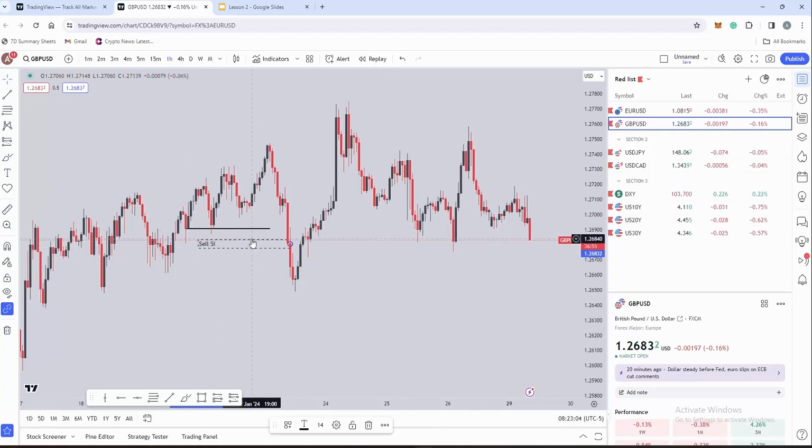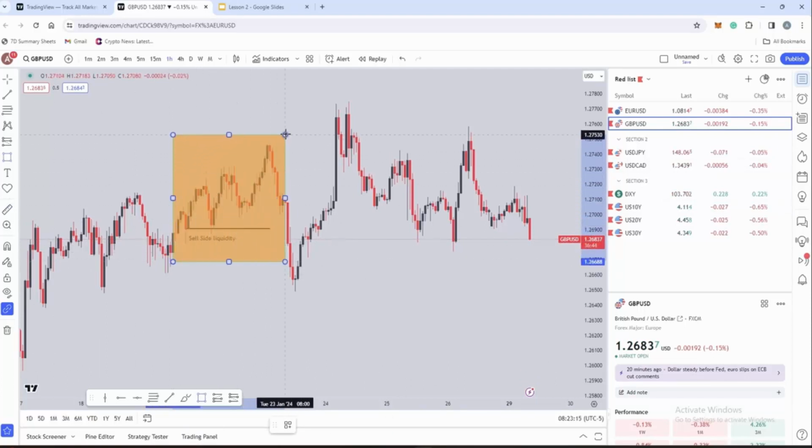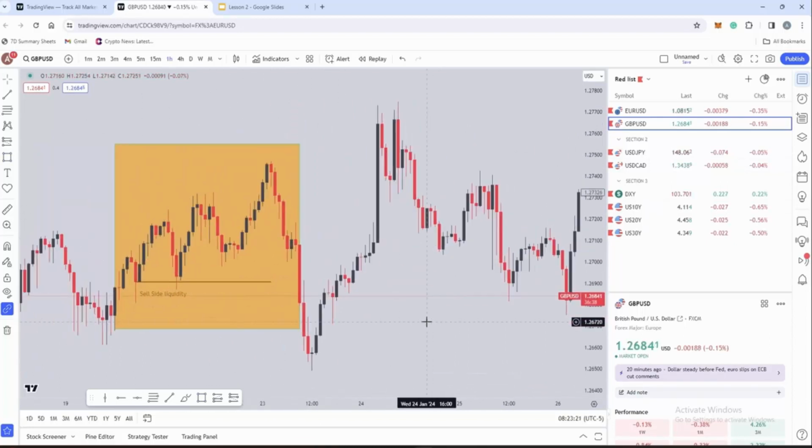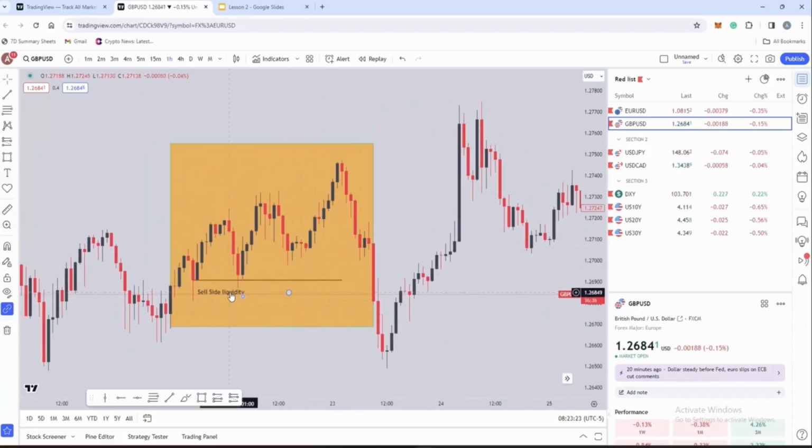So let's write that. Just to clarify, I'm looking in this area and ignoring everything to the left and to the right. So just keep your main focus on this. Let me make it bigger. Alright. This is our sell side liquidity.